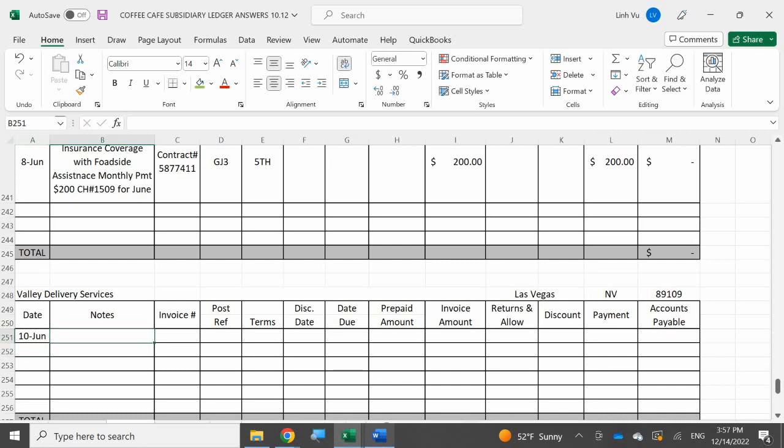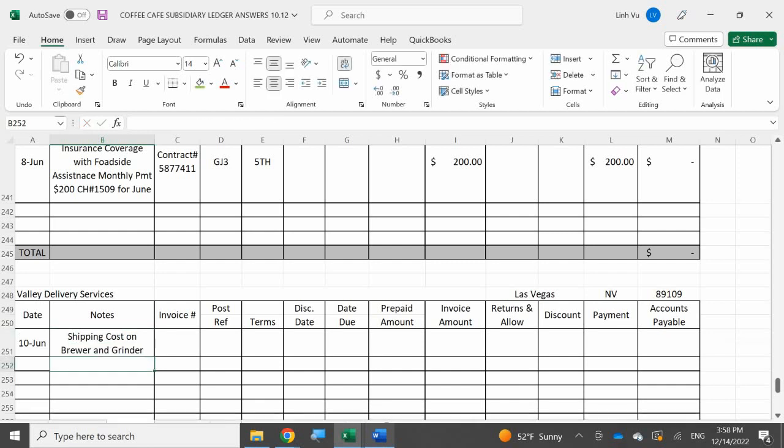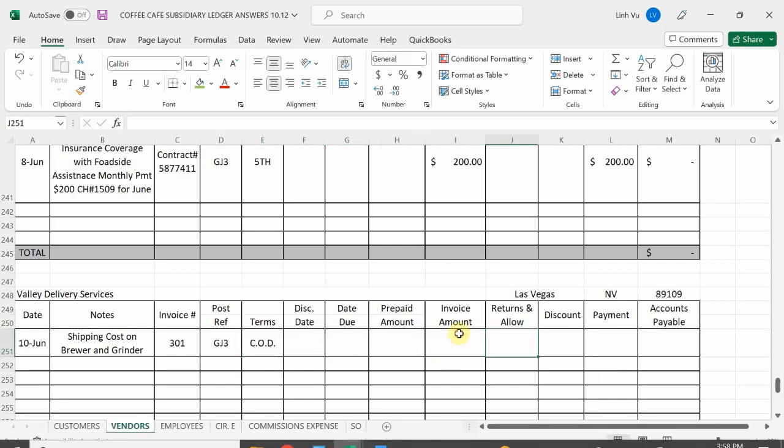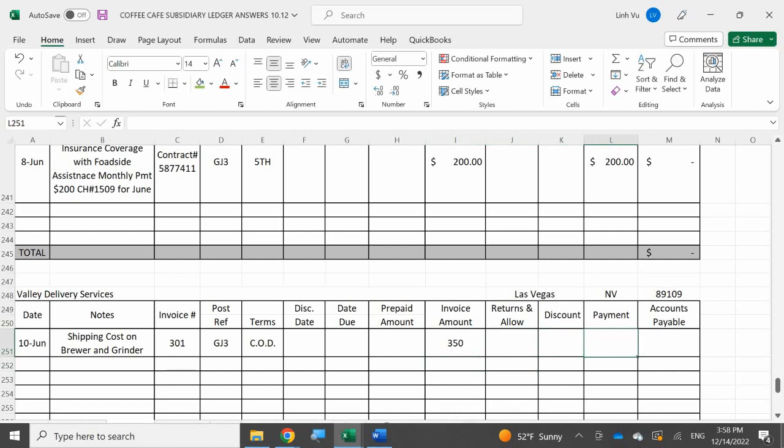610. Name here is shipping cost on brewer and grinder. Invoice number 301. General Journal page 3 still. And terms are going to be COD, meaning cash on delivery, for the total invoice amount of $350, which you made a payment for.